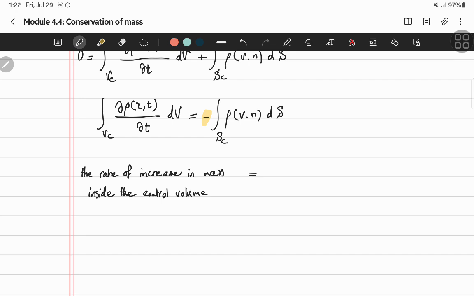So we have minus, equal to the mass influx, or the mass that enters through the boundaries.